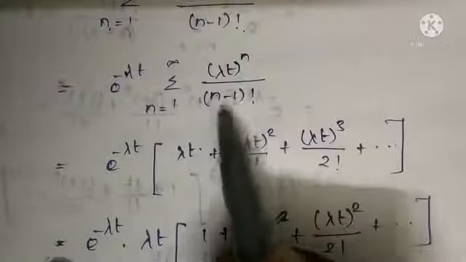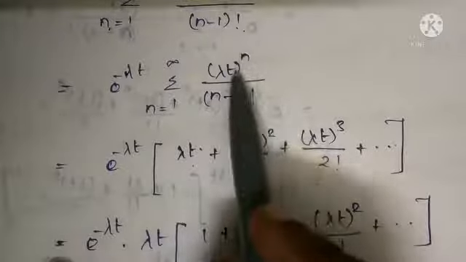Now let us give values to n. Put n equal to 1. 0 factorial is 1. Lambda t whole power 1. Put n equal to 2. Lambda t whole square by 2 minus 1, 1 factorial. Put n equal to 3.